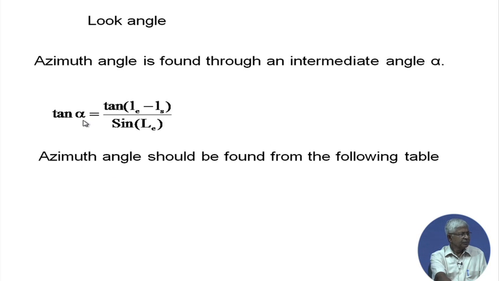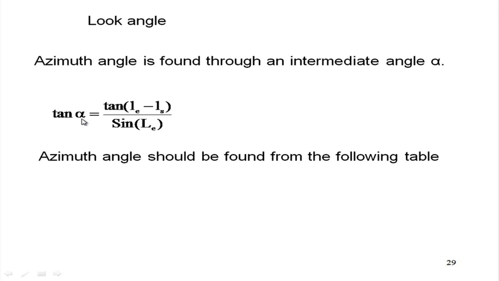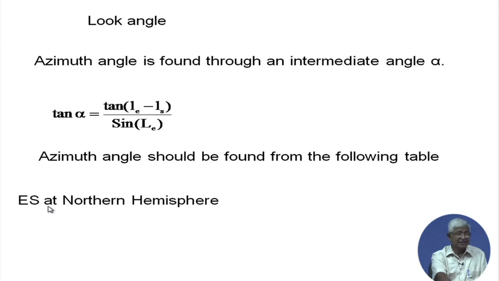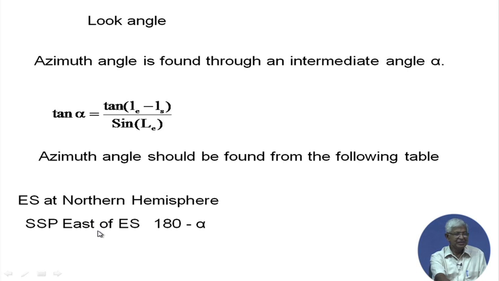Now, with this intermediate angle alpha, the azimuth has to be found with respect to alpha, depending on where the earth station is. If the earth station is in the northern hemisphere, that is above the equator, and the subsatellite point is east of the earth station, the azimuth is 180 minus alpha.